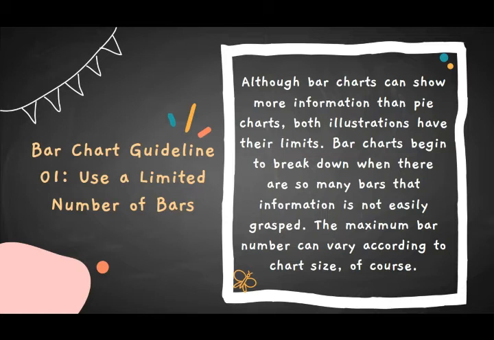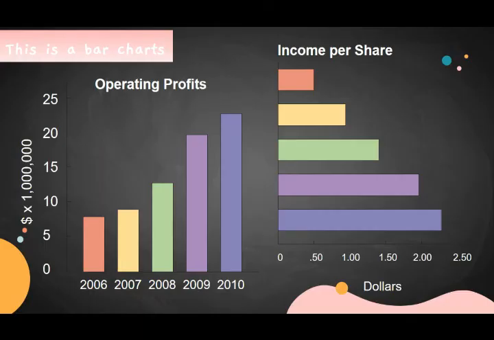The maximum bar number can vary according to chart size, of course. This is an example of 2 multi-bar charts. As you can see, the impact of the charts is enhanced by the limited number of bars.